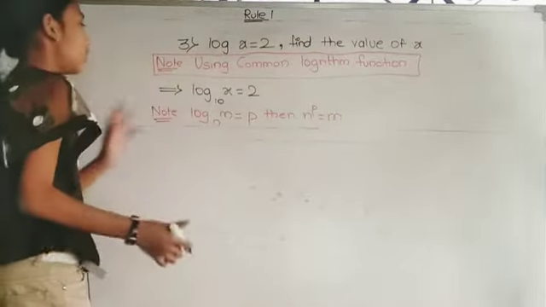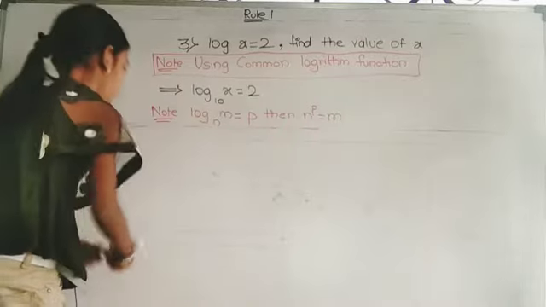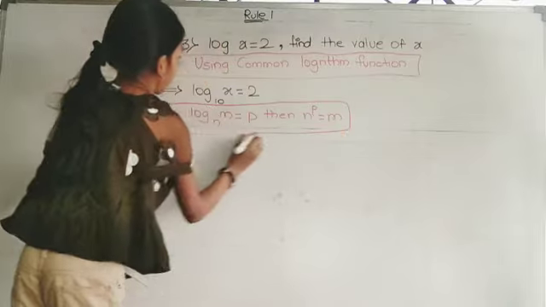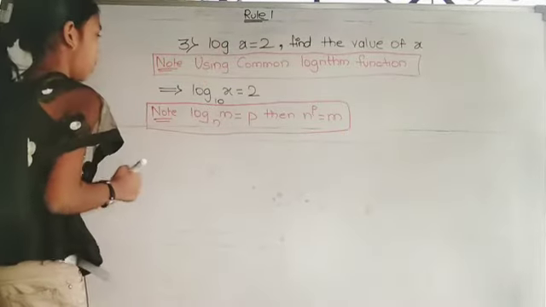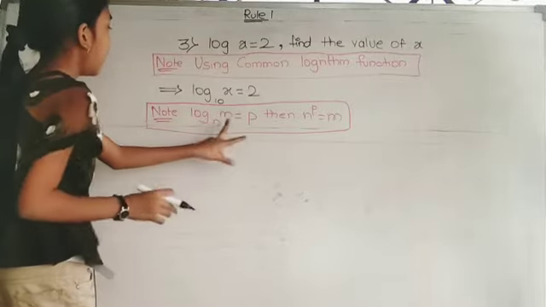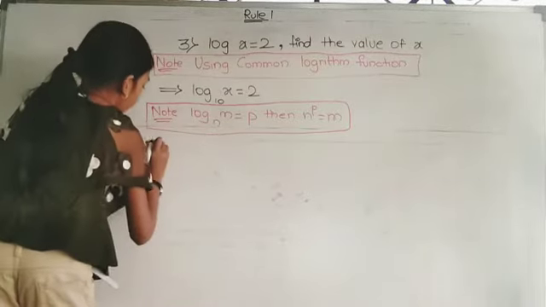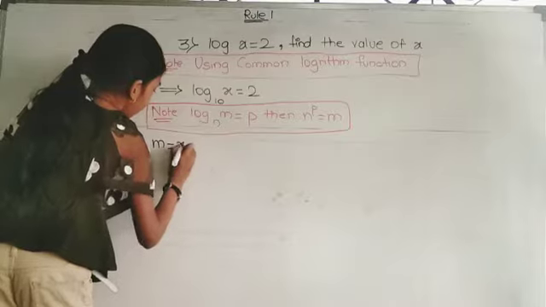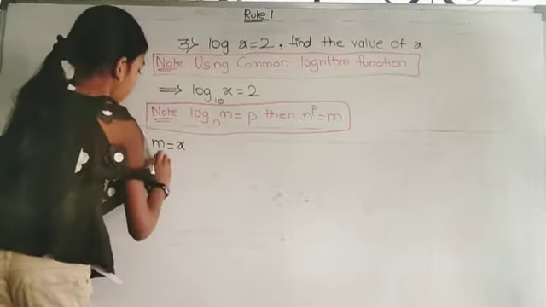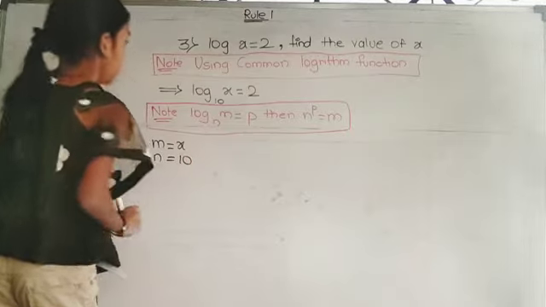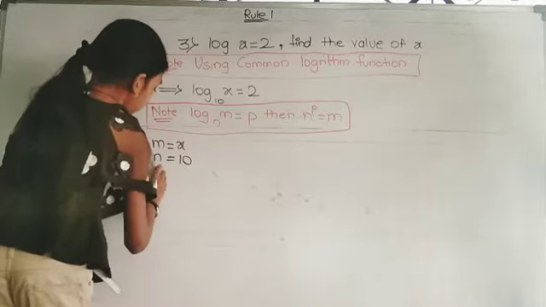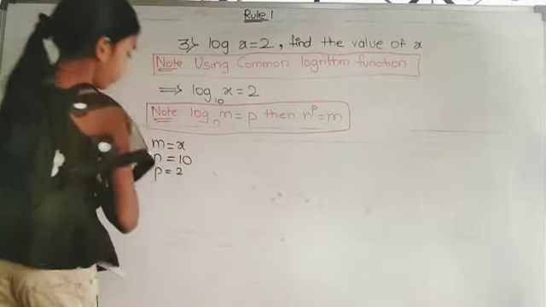Now we are going to compare. m value will be x, so m is equal to x. n value will be 10, so n is equal to 10. p value will be 2, so p is equal to 2.